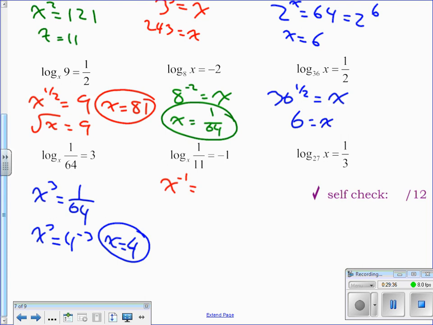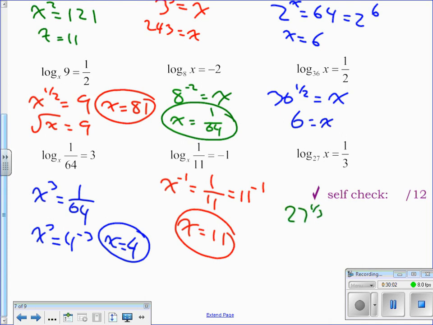X to the -1 equals 1 over 11. What is x? 11 to the -1. Powers are the same. Bases are the same.